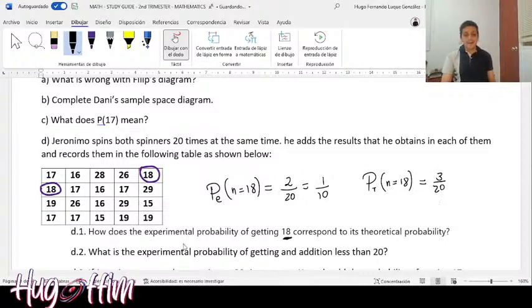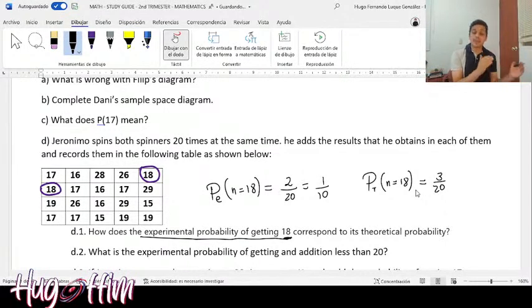So look at that, the experimental probability of getting 18 is not equal to the theoretical probability, but even though it's not equal, it's pretty close. And this is what we expect. When you perform a random experiment, and you made your sample space, and you know the theoretical probability, it is expected that when you repeat the experiment many times, the experimental probability approaches the theoretical probability.